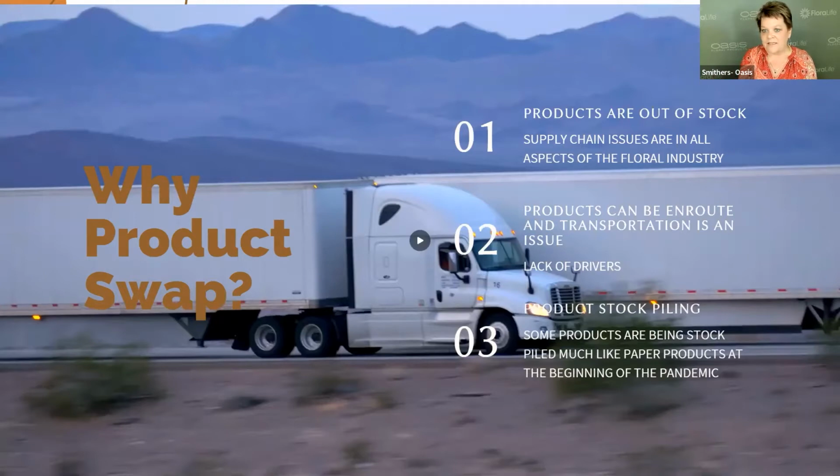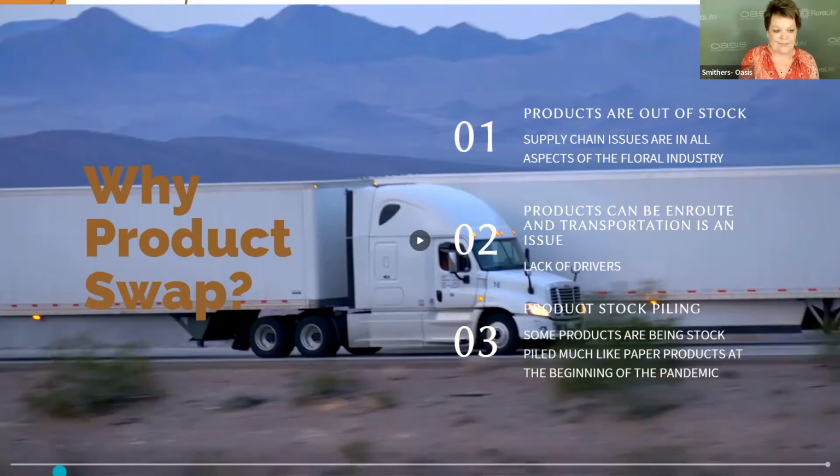Plus, we've got product stockpiling too. Some products are being stockpiled a little bit, much like what we saw with some of the paper products at the beginning of the pandemic. So again, a lot of things going on. That's why we thought we'd bring you this edition of Product Swap in OASIS University, so that we can bring you some ideas that you can use during this time.